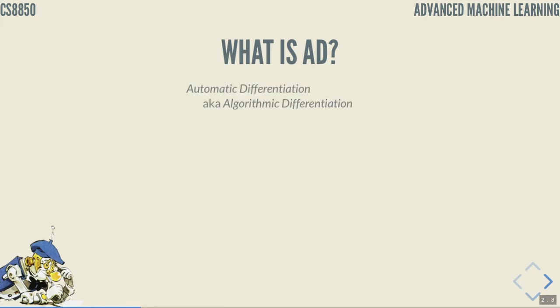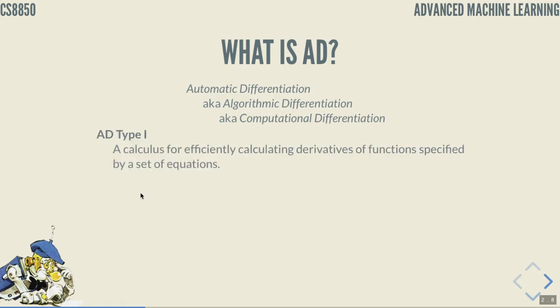Automatic differentiation, also known as algorithmic differentiation, also known as computational differentiation. There are a few flavors of it. So AD type 1 is calculus for efficiently calculating derivatives of functions specified by a set of equations.